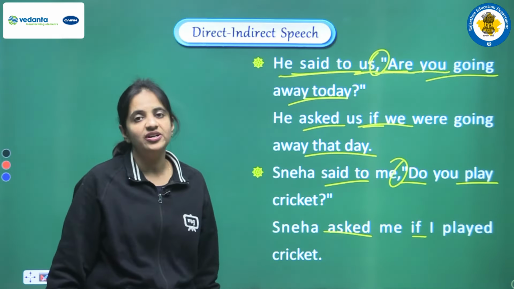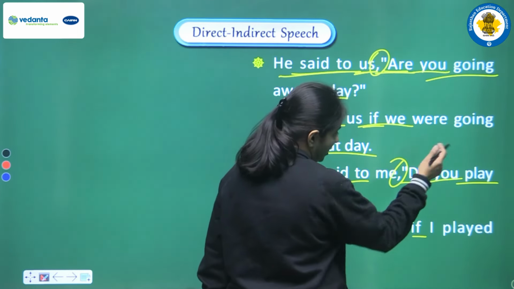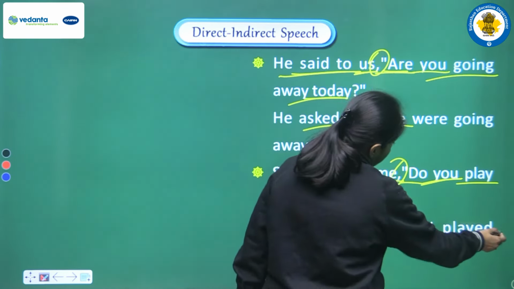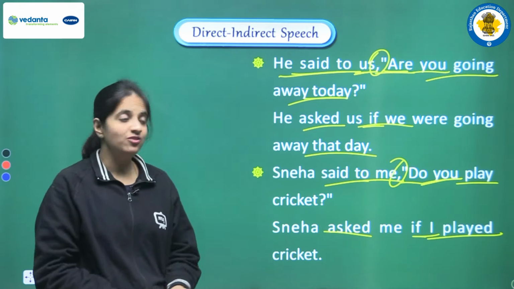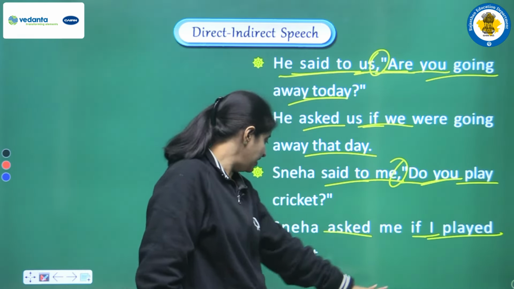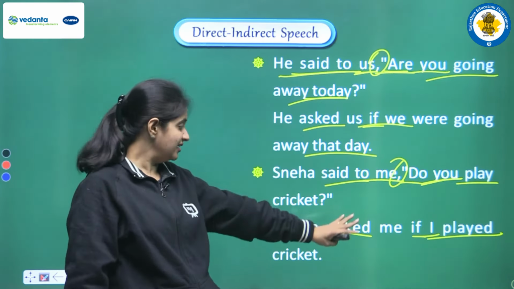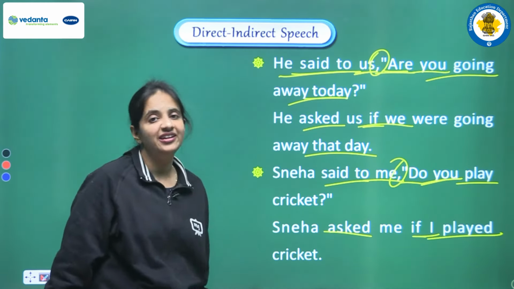So we have to convert it into past simple. First of all, "you" will be changed according to me, that will be "I", and past simple means we have to write the second form of the main verb. So here we are having "played cricket", and at the end of the sentence a full stop. The complete sentence will be: Sneha asked me if I played cricket.